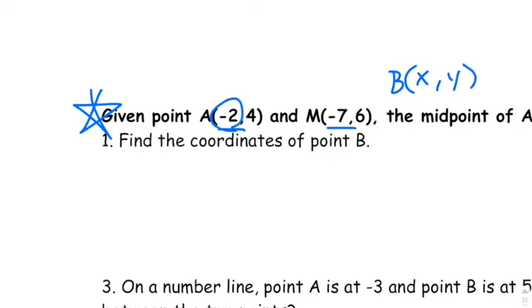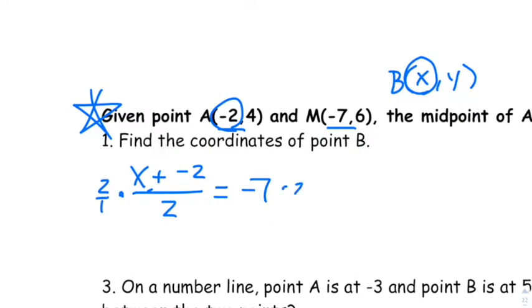So I'm going to use the midpoint formula, the midpoint process. I'm going to say x plus negative 2, whatever that is, I'm going to divide that by 2. And then it gets me this answer of negative 7 for the x coordinate of the midpoint. So essentially I'm kind of thinking backwards. I'm going to get rid of that divide by 2, we'll multiply by 2 on both sides.